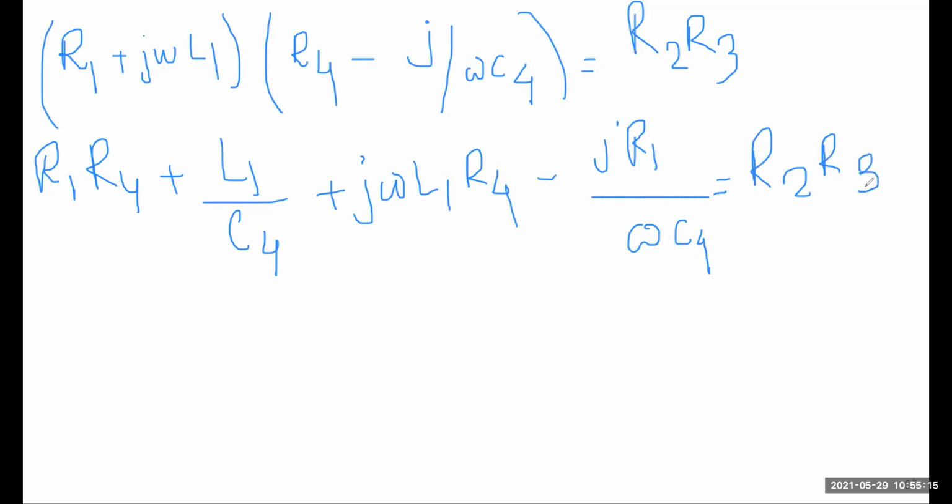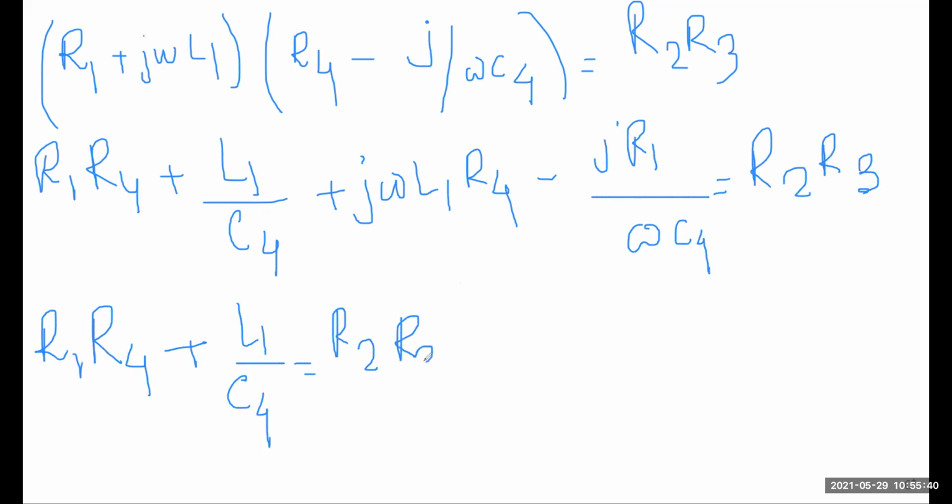I have done nothing, I have just opened the brackets here, and now I need to separate the real and the imaginary terms. If I separate the real and imaginary terms, then I will obtain R1 R4 plus L1 by C4, that will be equal to what? R2 R3.